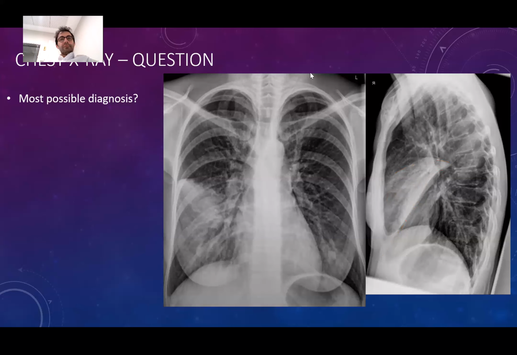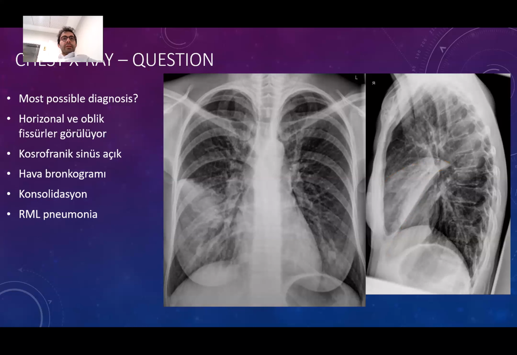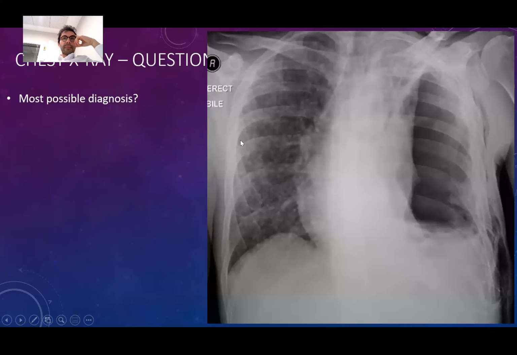Thank you. Thanks, Okan. I did see also air bronchogram. I see consolidation. The costophrenic sinuses are open. There is no pneumothorax. We should always look for every pathology in every patient. Please remember. All right. Let's go to this one.